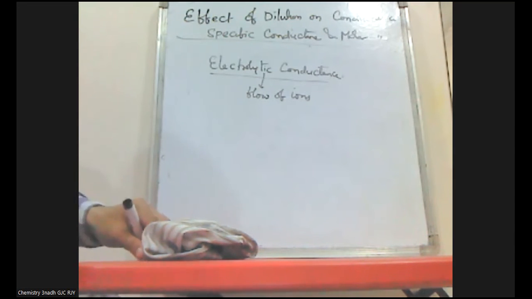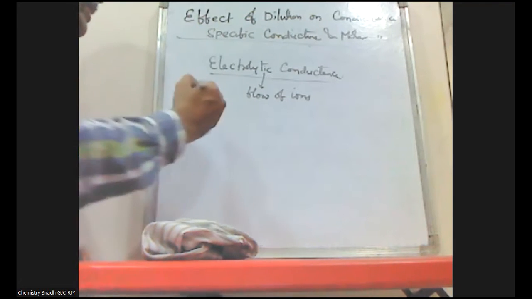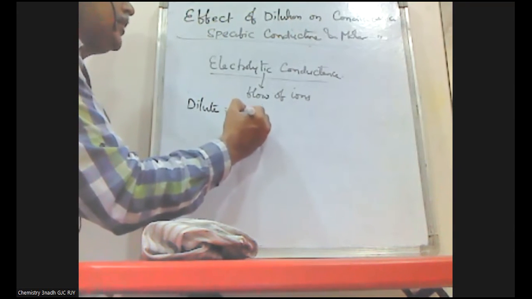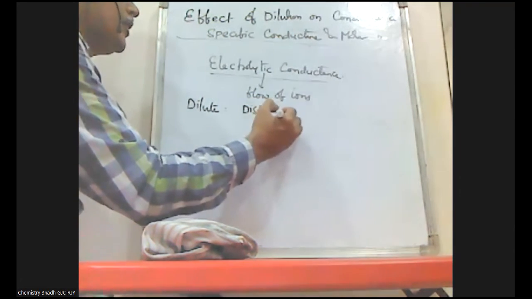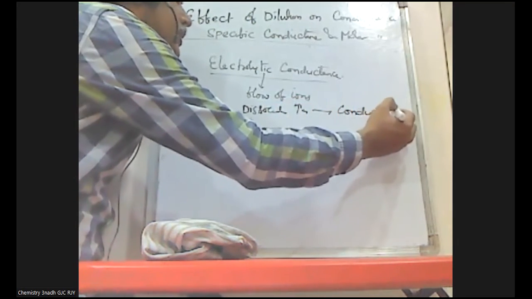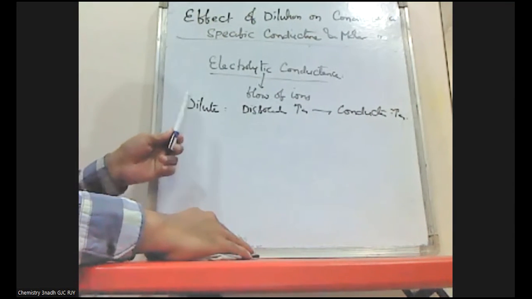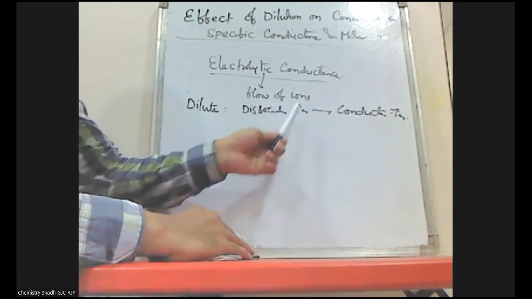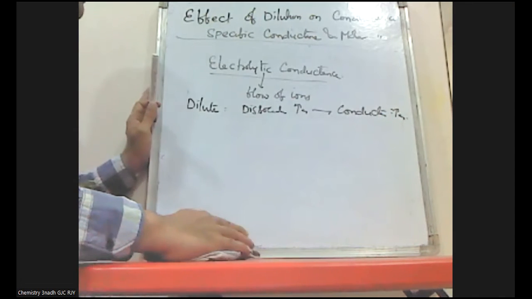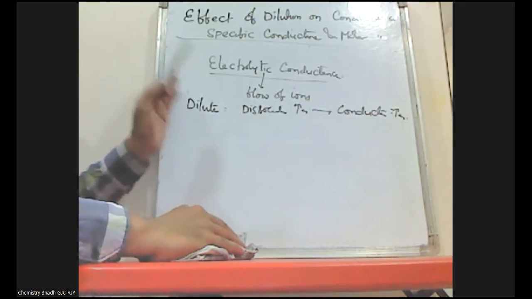By means of dilution, the dissociation of the electrolyte increases, which in turn increases conductance, due to the increase in mobility of the ions. So generally, conductance increases with increase in dilution.